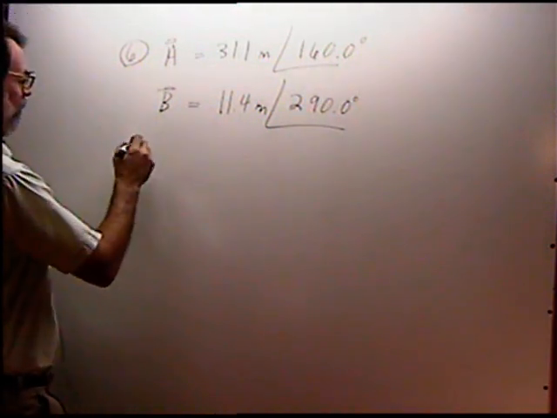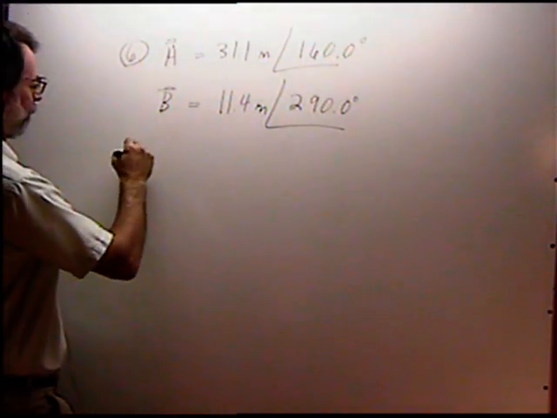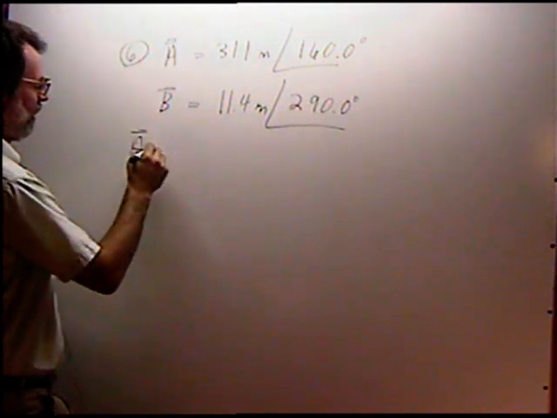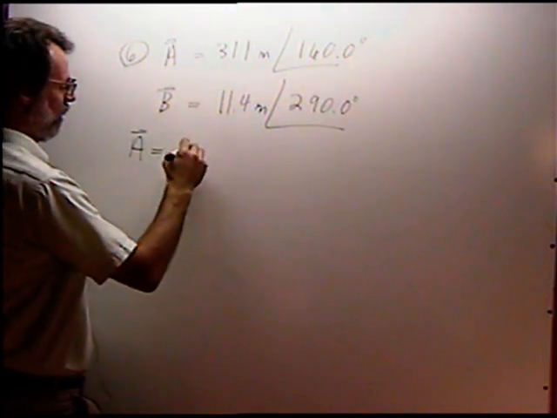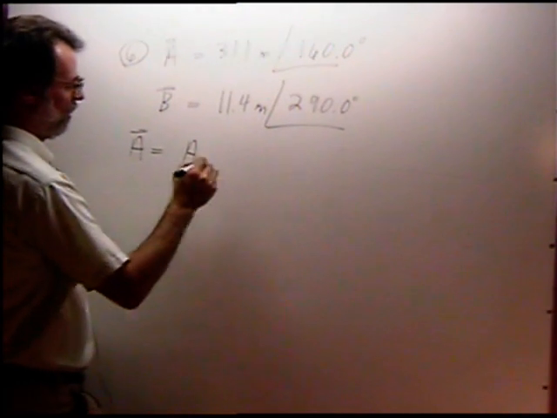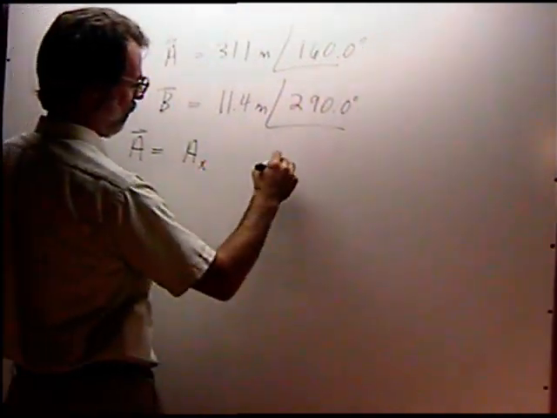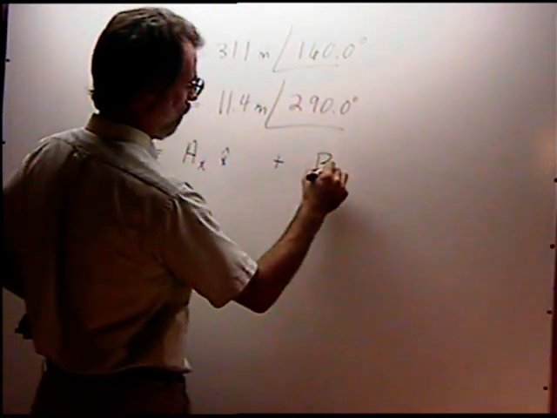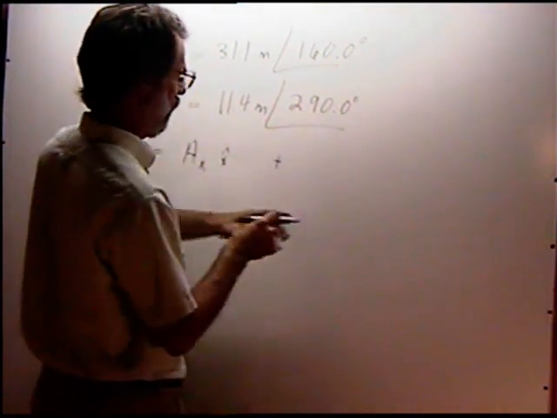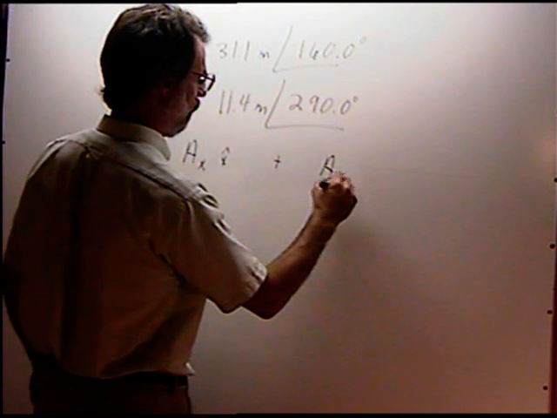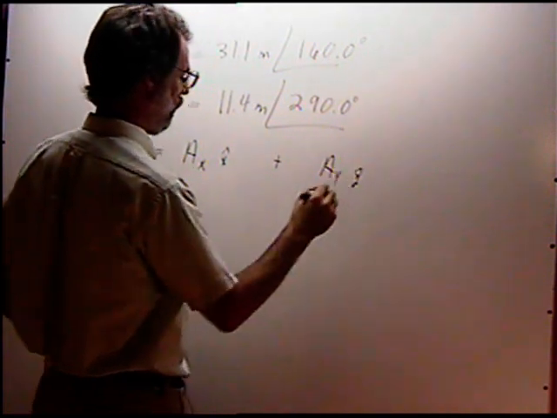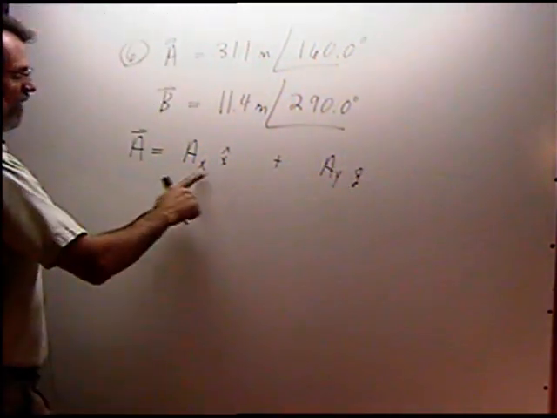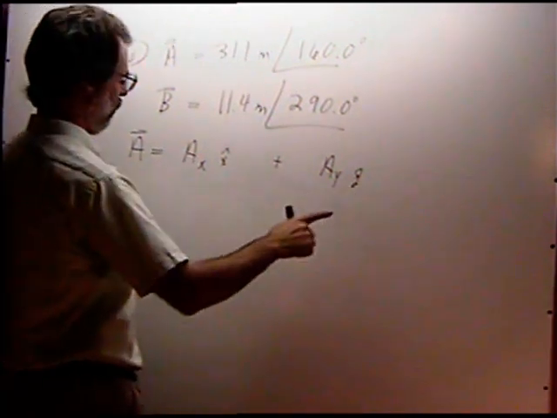So we say the vector A is equal to AX in the X direction plus AY in the Y direction.